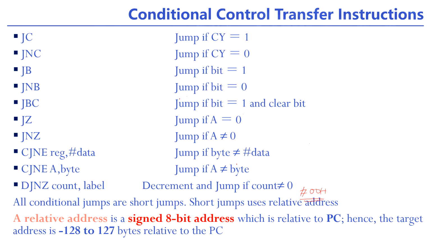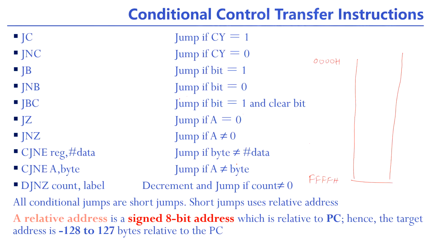Let us see what is meant by a short jump. While discussing these instructions, I mentioned that there is a relative address. Normally, our programs are stored in program memory, with addresses ranging from 00H to FFH.